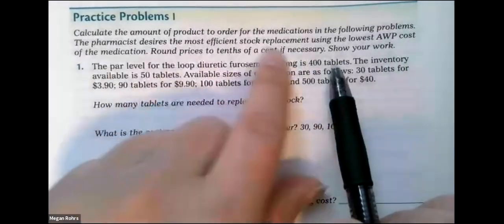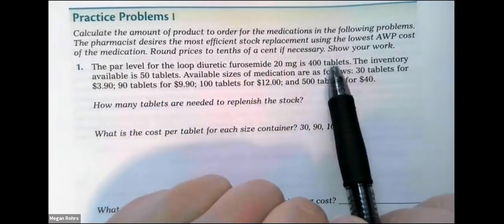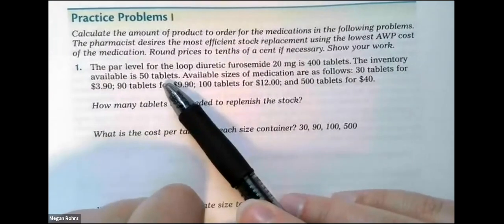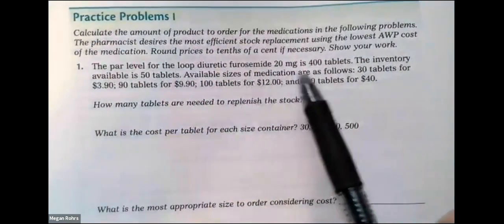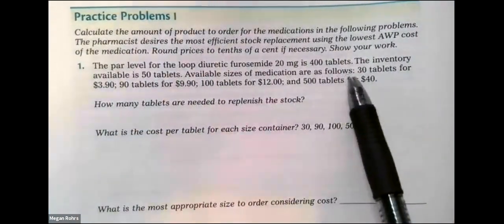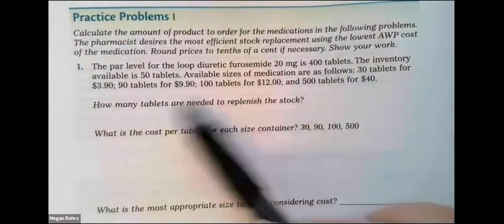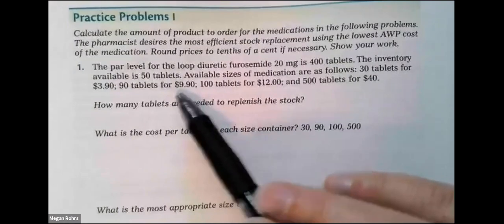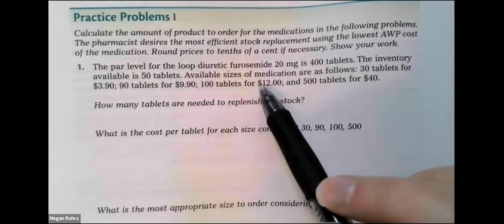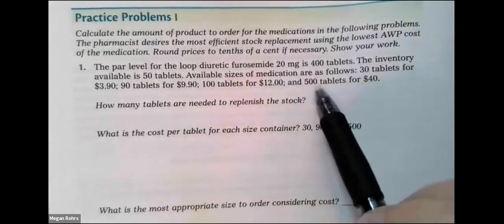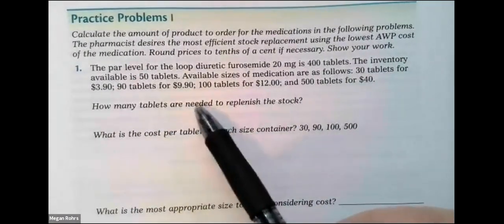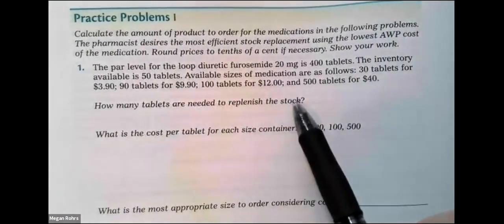So we want to keep 400 tablets in stock at all times. The inventory available is 50 tablets. Available sizes of medication are as follows: a 30 tablet bottle for $3.90, a 90 tablet bottle for $9.90, a 100 tablet bottle for $12, and a 500 tablet bottle for $40. How many tablets are needed to replenish the stock?